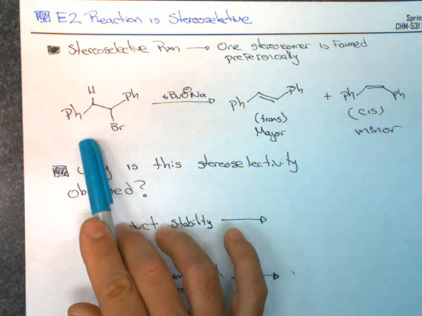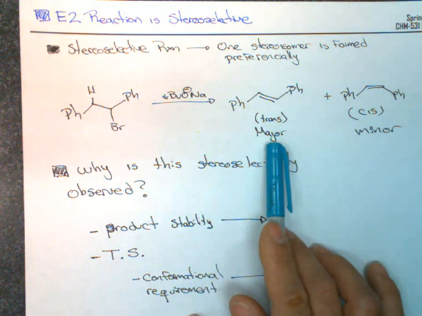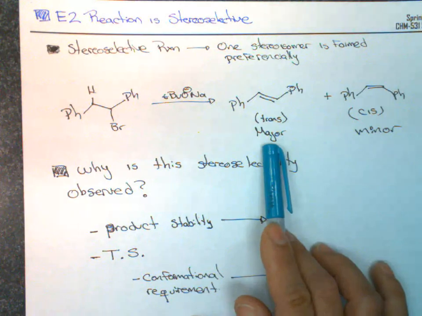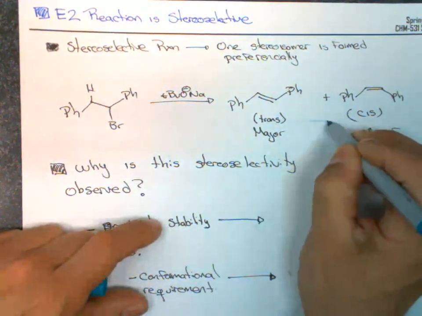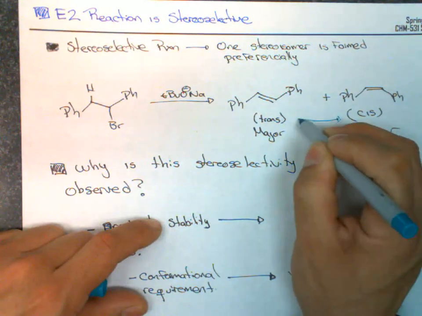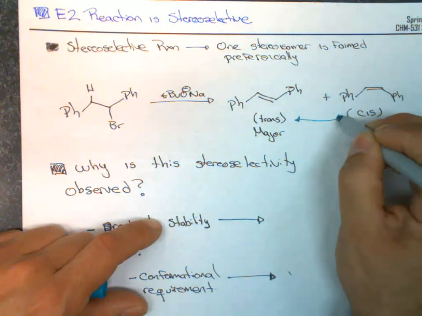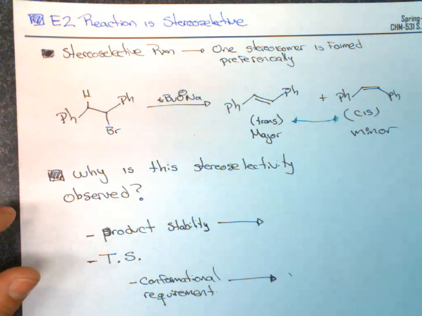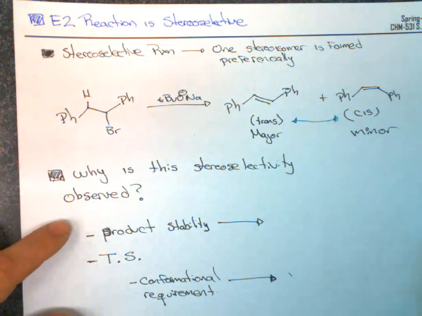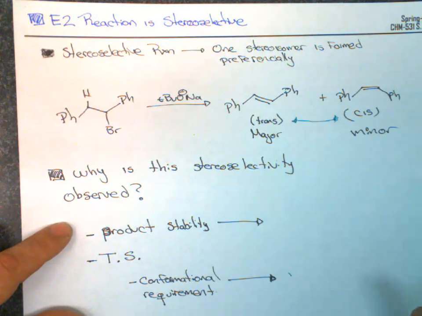In this particular case, we have two different alkenes, trans and cis. Well, the trans isomer is the major one. Now, what is the relationship between these two isomers? Are they enantiomers? No, because they're not non-superimposable mirror images. But what are they? First of all, do we agree that they're stereoisomers? Yes, they're stereoisomers.